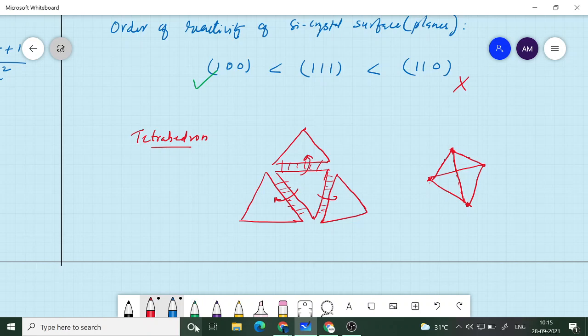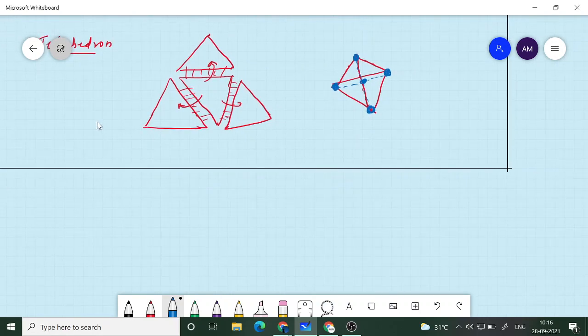Now if you imagine a silicon atom sitting at each corner, you can always locate a point at the center of the tetrahedron, which is inside. So these are the nearest neighbors, and they are like this. Is it clear? I'm not sure whether the way I have drawn it makes it very clear.